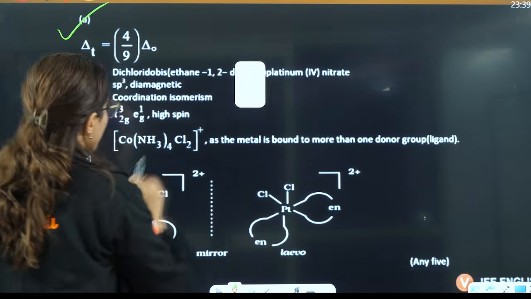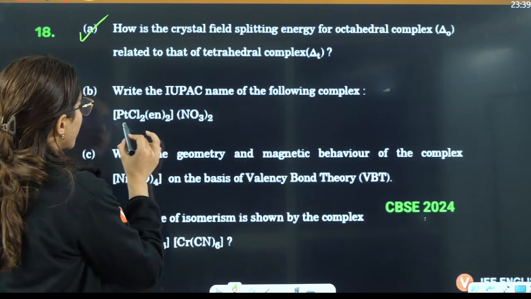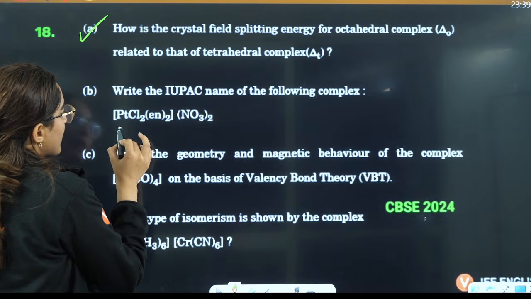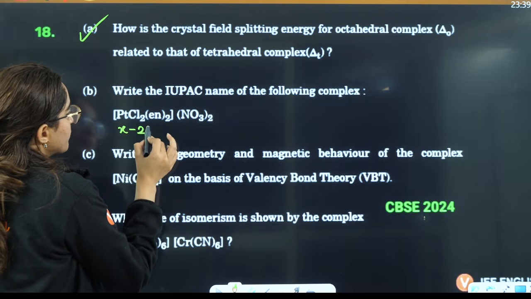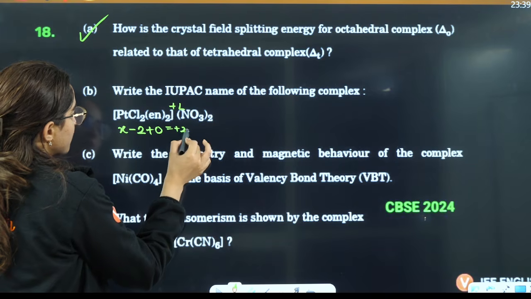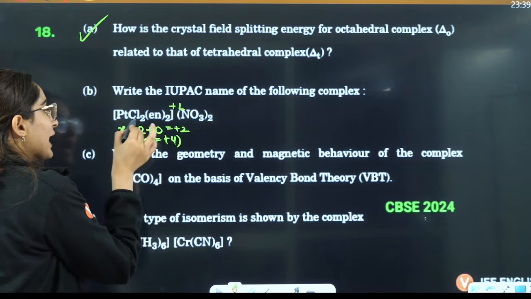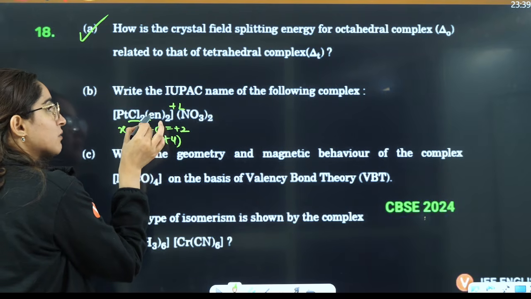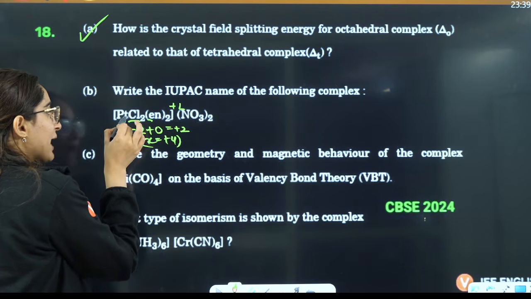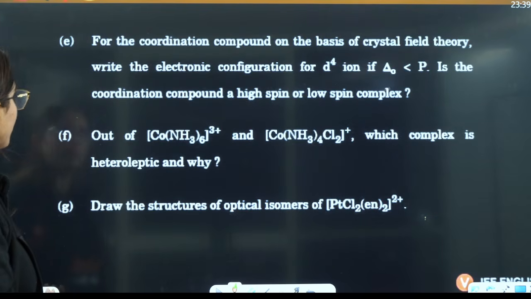Now, why is the oxidation state 4 here? This is x minus 2 plus 0, this is plus 2, so here x is equal to plus 4. So it will be dichlorido bis(ethylene diamine) platinum, and this is nitrate. That's how you will write it.